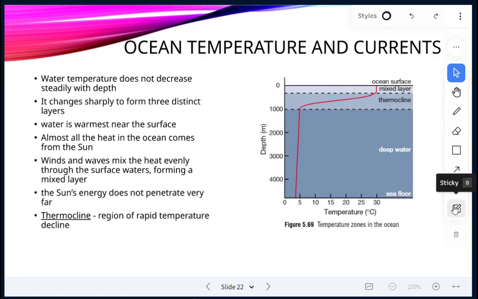The sun's energy does not penetrate very far. In this thermocline region, we can see a region of rapid temperature decline. Okay, so we can see the depth here on this y-axis. Our x-axis here is showing our temperature. So we can see that decrease happening.